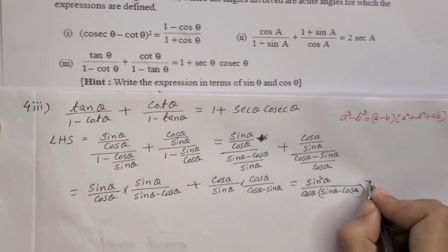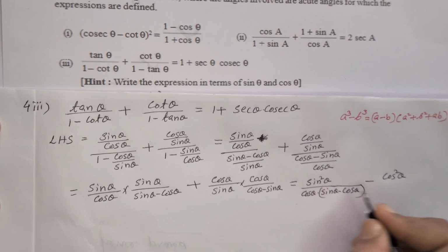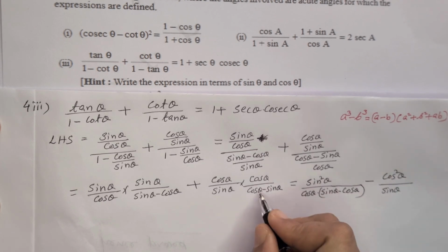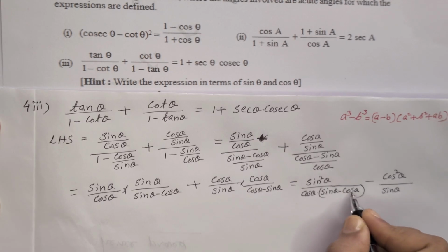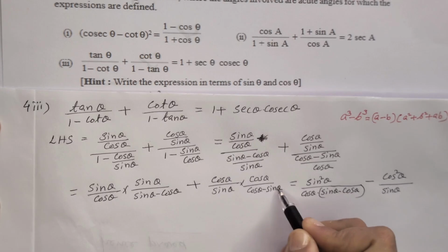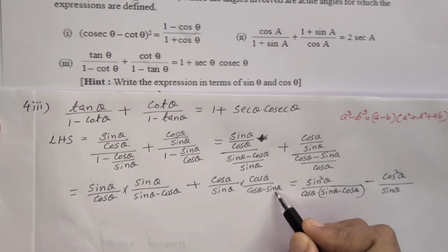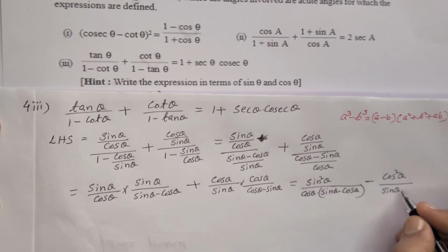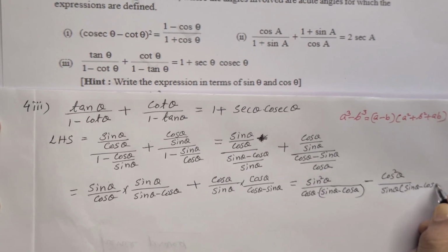And that plus, here it's coming cos²θ, and the denominator sin θ is there, and this is the form cos θ − sin θ, but in the first bracket we got sin θ − cos θ. Actually here it's plus sign, so if you are interchanging the terms, a minus sign will come in between the terms. So we can write this one as sin θ into minus of (sin θ − cos θ).